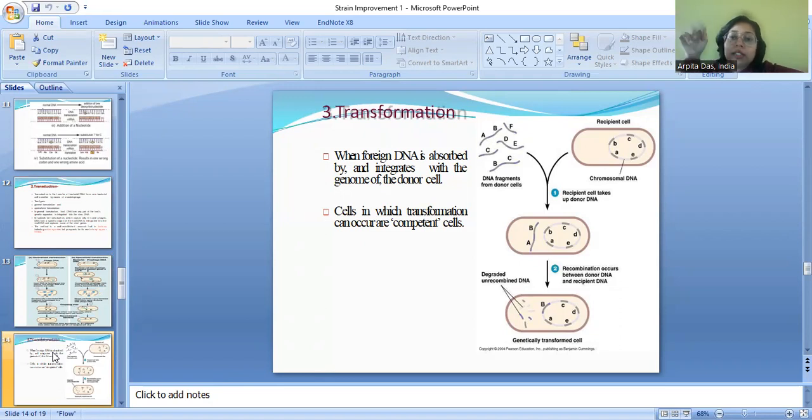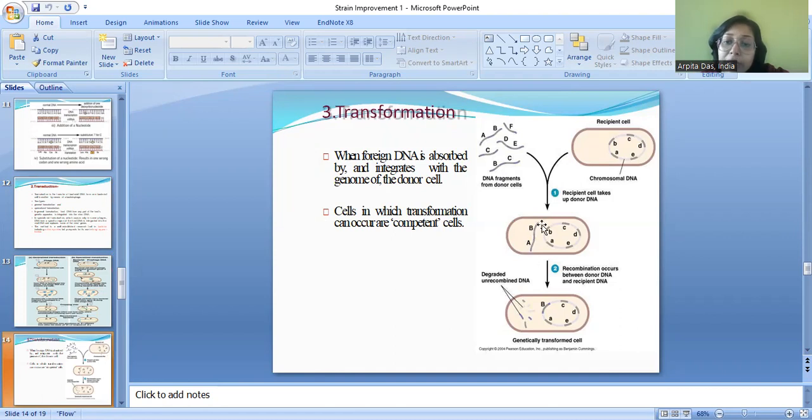You can see here this bacterial recipient cell. That recipient cell has chromosomal DNA with small a, b, c, d letters. Now, when this competent cell comes into contact with this single-stranded fragmented DNA, the microorganism is capable of accepting it, as it is a competent cell.